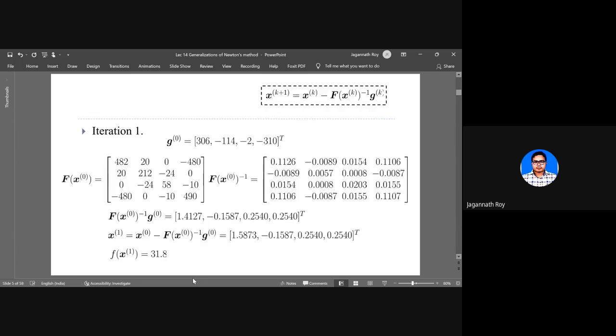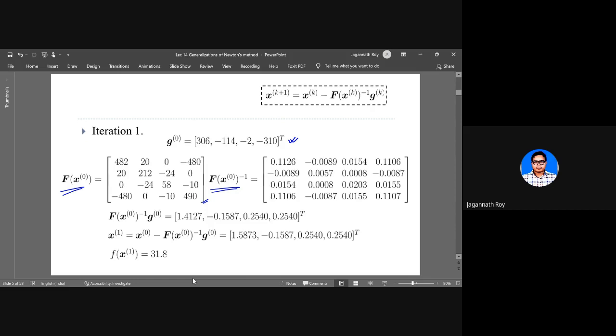Then the gradient becomes this form, and the Hessian matrix f of x naught becomes this one. Now, if we want to find the inverse, you can use Excel or MATLAB, just a simple function, because hand calculation is difficult in this case, a 4 by 4 matrix.